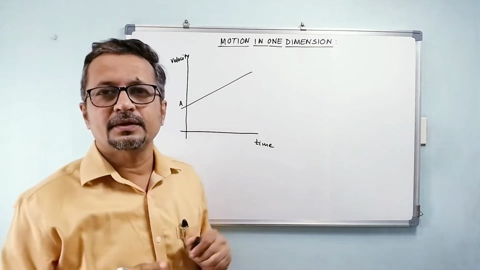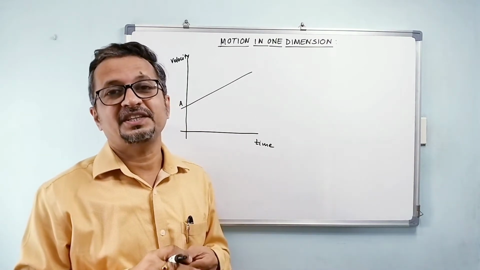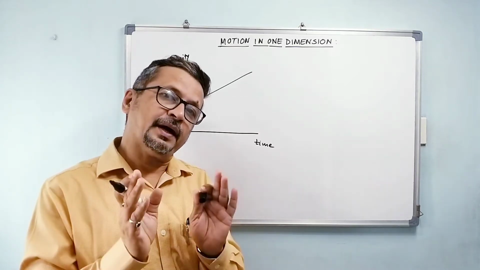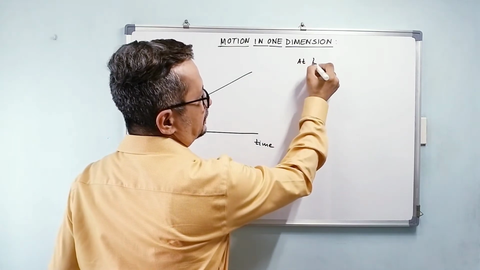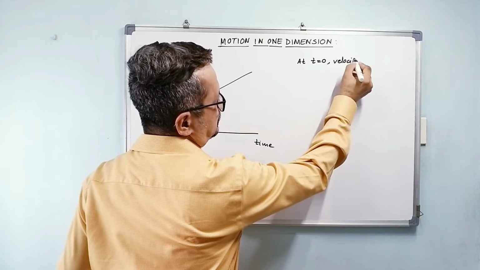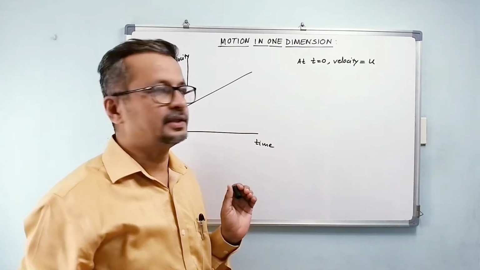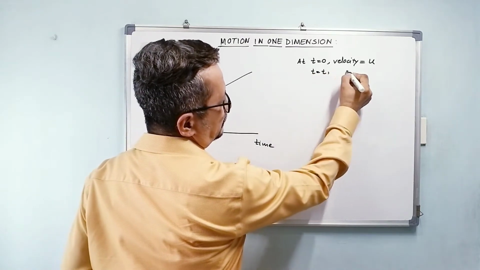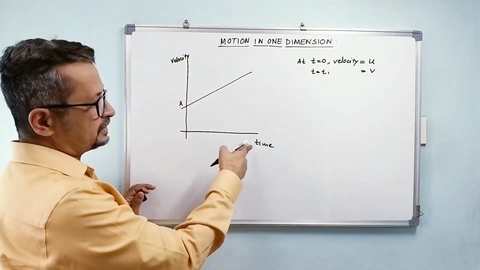We say that u is our initial velocity. That means at time t equal to 0, my velocity is equal to u. And at time t equal to t, velocity is equal to, let us say, v.